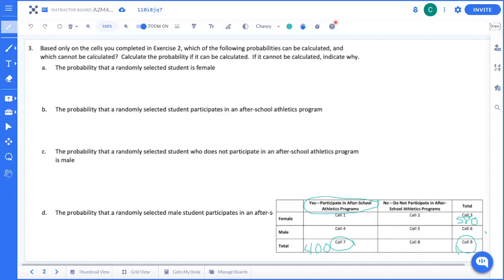So if cell 9 is 1,000 and cell 7 is 400, that means cell 8 has to be 600, because I told you that cell 7 and 8 have to equal 9 and cell 3 and 6 have to equal 9. Well, if cell 3 is 580, that means cell 6 has to be 420.